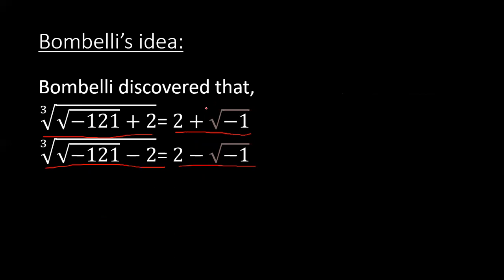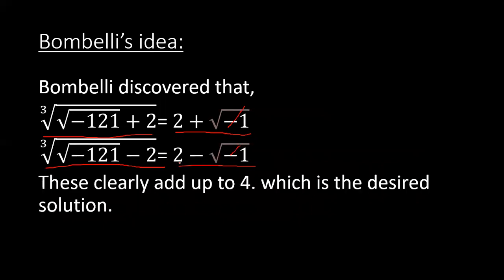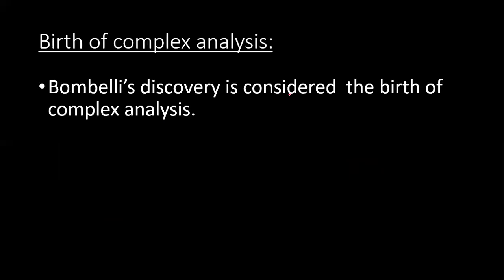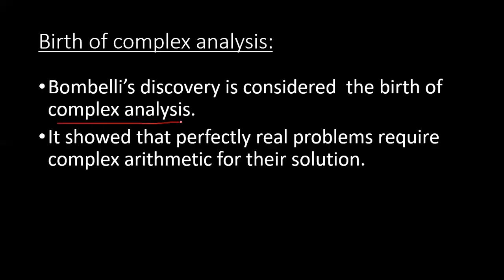If we add these up, the root parts cancel and we get 4, and that was the actual answer. So Bombelli's idea gave birth to complex numbers. Bombelli's discovery is considered the birth of complex analysis.